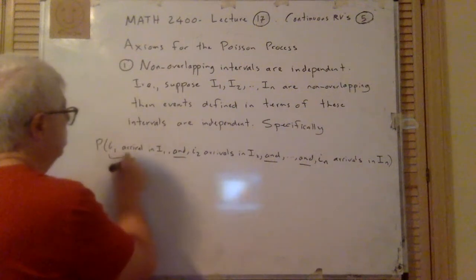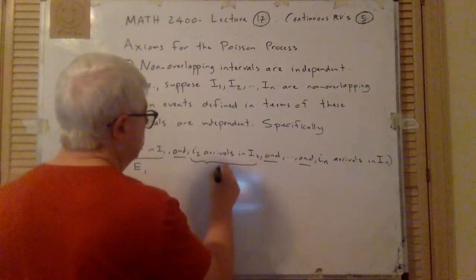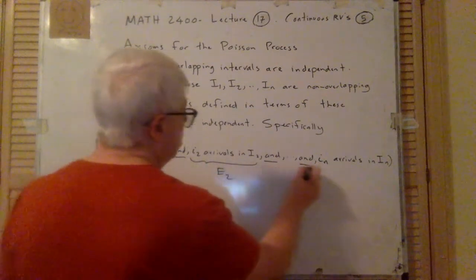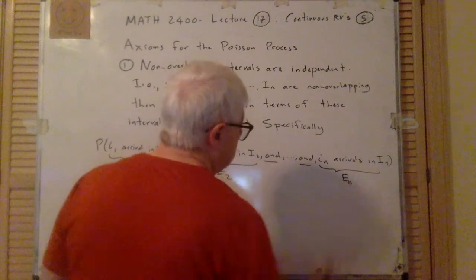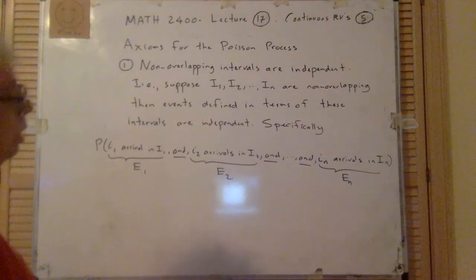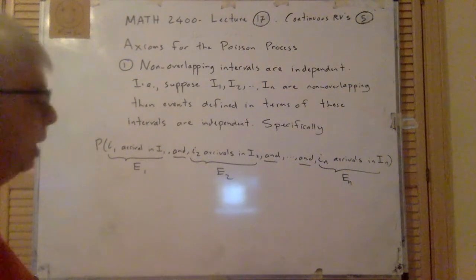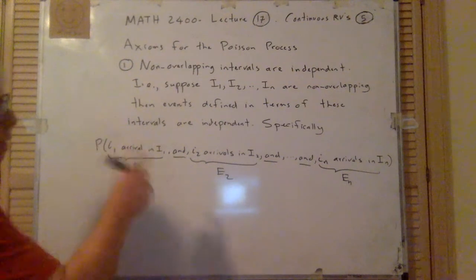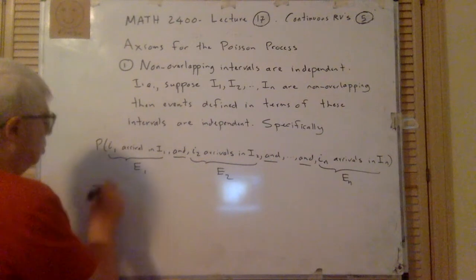So this is like event number 1, this is like event number 2, and event number N. Since the intervals are non-overlapping or disjoint, these events should be independent. And look, we have 'and', so the multiplication rule applies here.